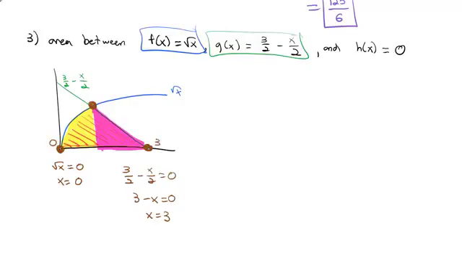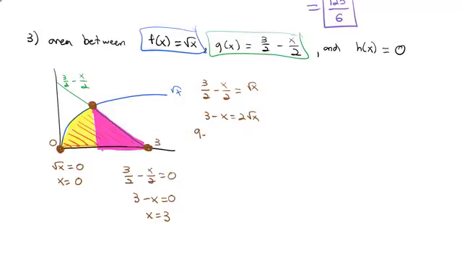In the middle, this is going to take a little bit more work. We want to know where the green and the blue line intersect. So we'll set them equal to each other. 3 halves minus x over 2 equals the square root of x. Let's get rid of the fractions by multiplying by 2. Gives us 3 minus x equals 2 square roots of x.